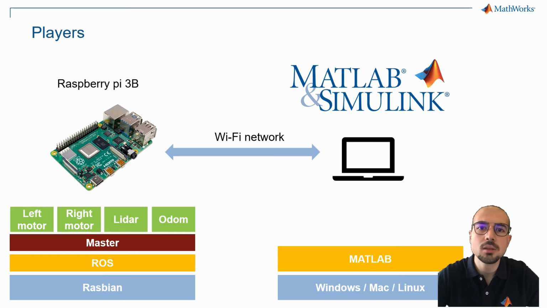On the other hand, on our PC, we have installed MATLAB on one of our operating systems. It's not important if you're using Windows, or Mac or Linux, because this works with all the platforms.